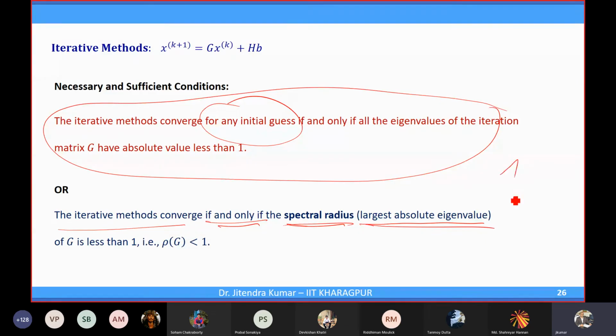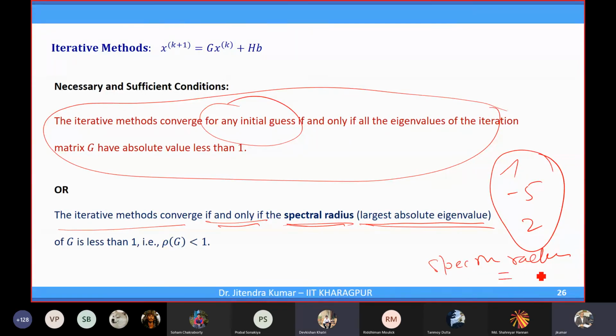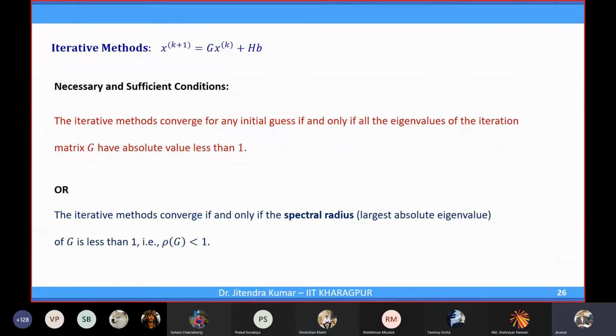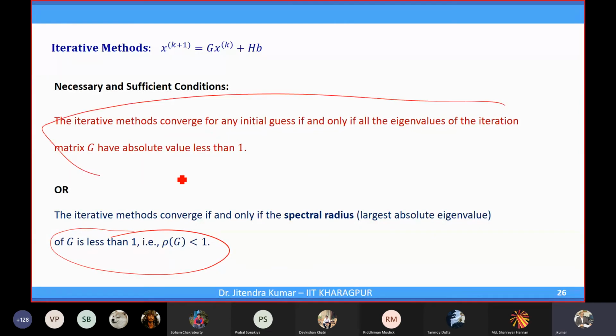So if you have 1, -5, 2 as the eigenvalues of a matrix, then what is the spectral radius? It is 5. The largest absolute eigenvalue, that is the spectral radius. So that spectral radius should be less than 1. That is the same meaning as the above result, that all the eigenvalues should have absolute value less than 1.